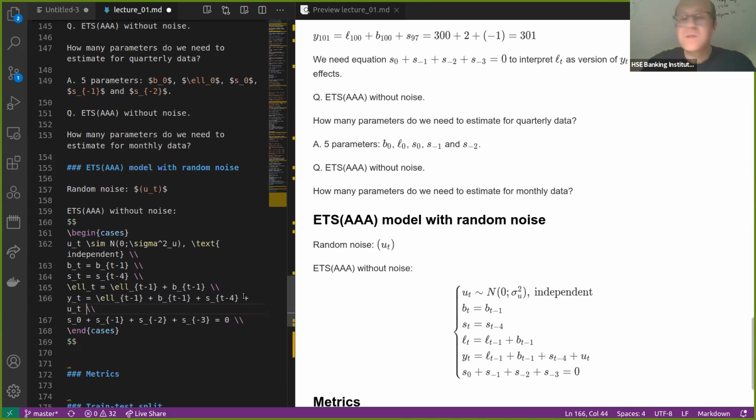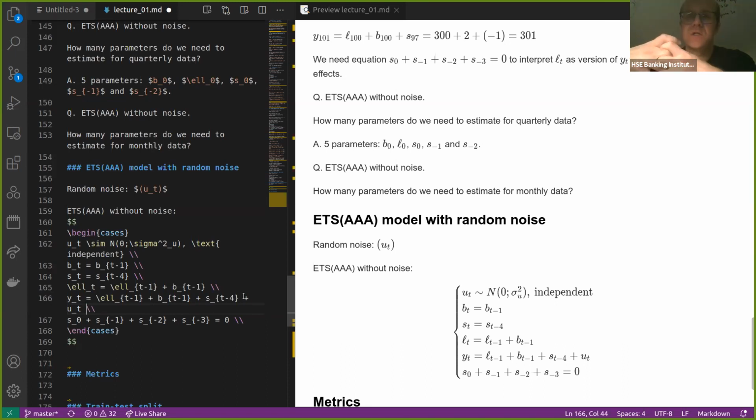So this UT will influence in the ETS model. Some positive news will influence not only the current observed value Y, but it may influence the deseasonalized L. It may influence seasonal effects.